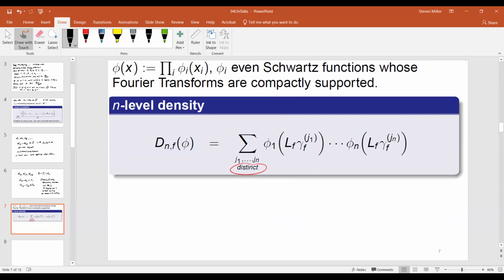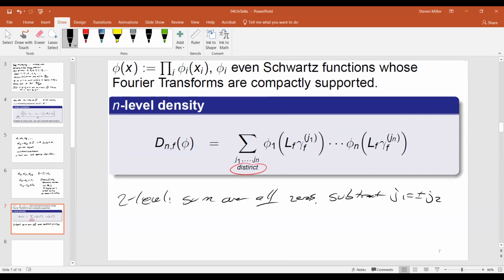What we could do, for the 2 level, you sum over all zeros and then subtract J1 equals plus or minus J2. We have to do a plus or minus because these zeros are symmetric on the central line, on the line real part of s equals 1/2. So one way to do this is you would then subtract J1 equals J2.